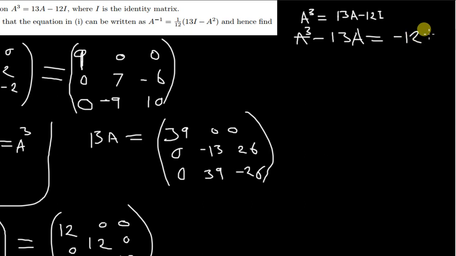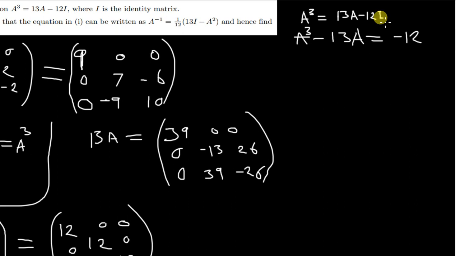So this negative 12i can also be written as just negative 12, because an identity matrix in matrices is just a special one. When you multiply any number or any matrix with this identity matrix, you still get the same matrix.